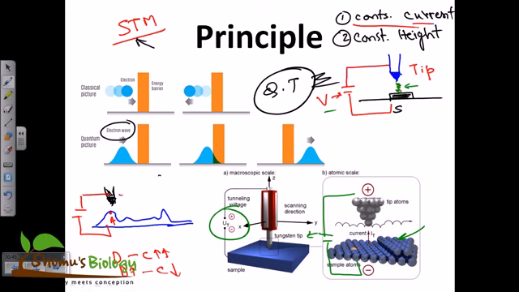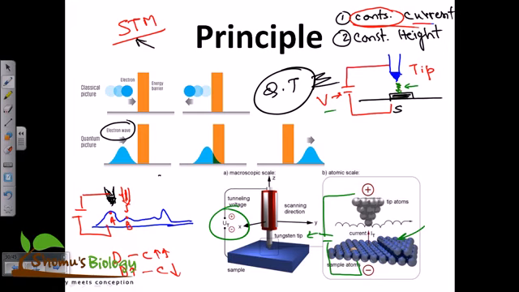Now once this tip moves a little bit and is now somewhere here, as you can see, the distance between this tip and position B of the surface is more. So accordingly the current flow will decrease. But here we want to maintain a constant current. So to maintain the constant current, this tip will come down a little bit to compensate the distance between the tip and the point of the surface.